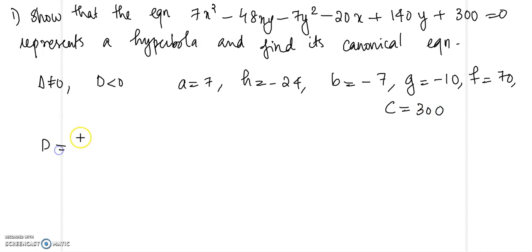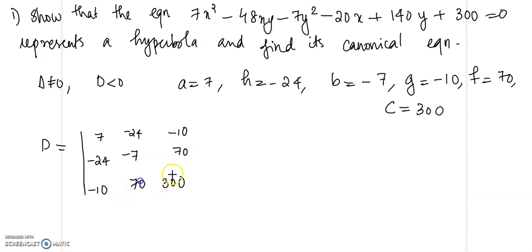So therefore delta will be the determinant. The diagonal entries will be a, b, c, and here you will have h value minus 24, minus 24, and here you will have g minus 10, minus 10, and here you will have 70, and here also 70.